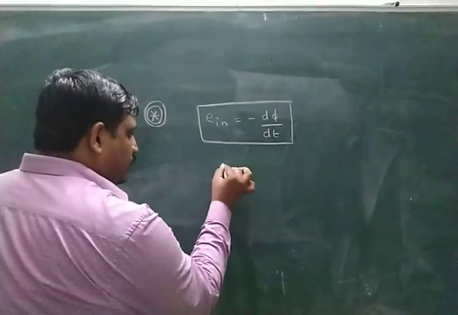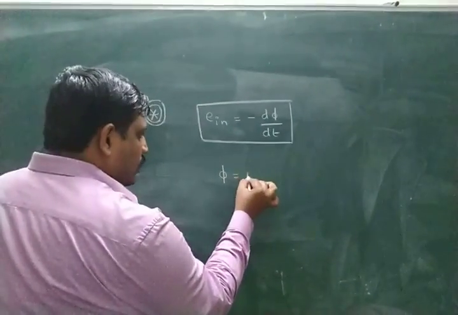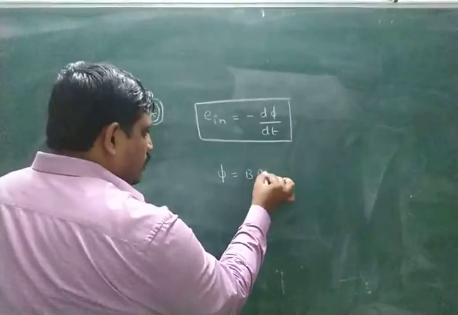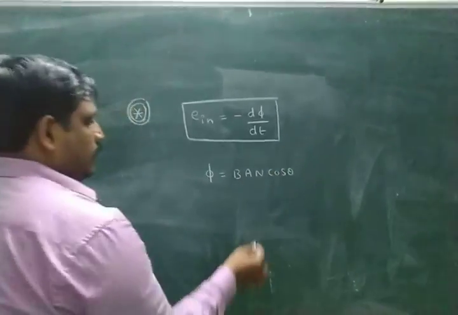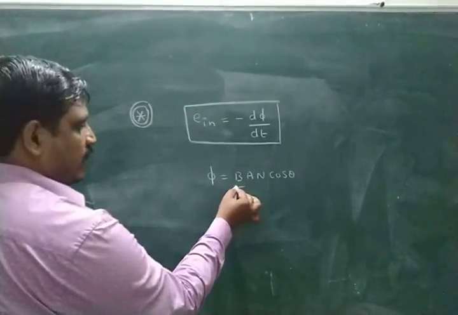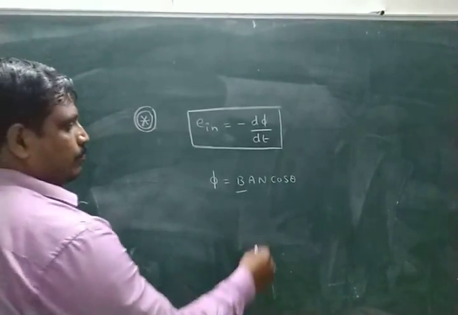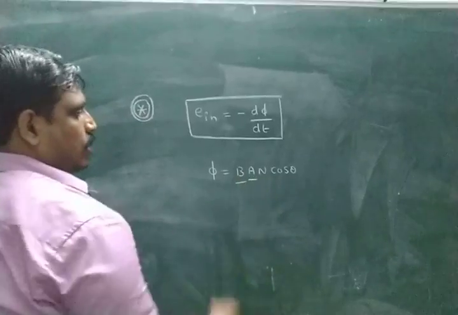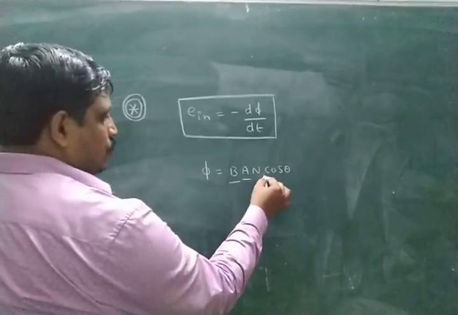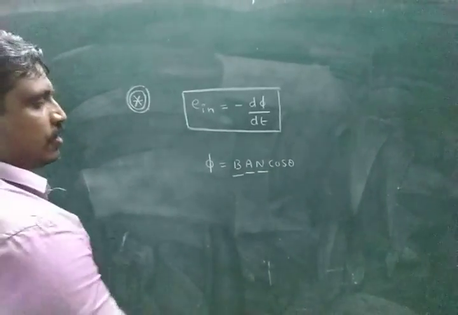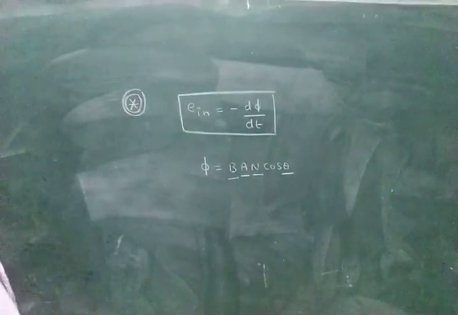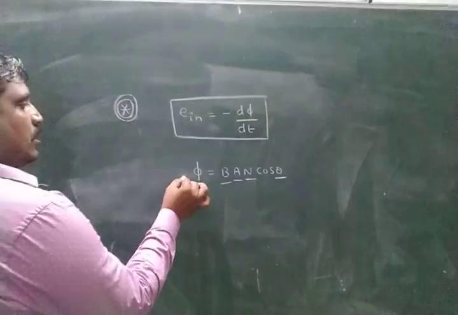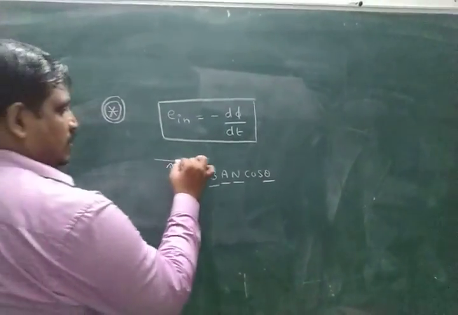We know that the basic flux formula is B A N cos theta. According to Faraday's observation, if B changes, or A changes, or number of turns changes, or the angle between B and A changes, then flux changes.